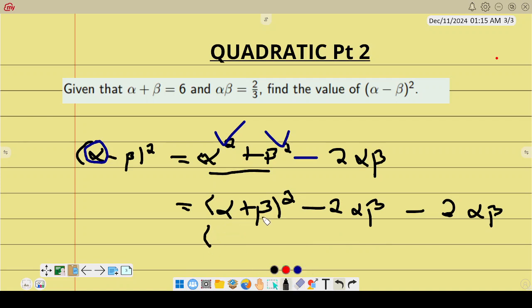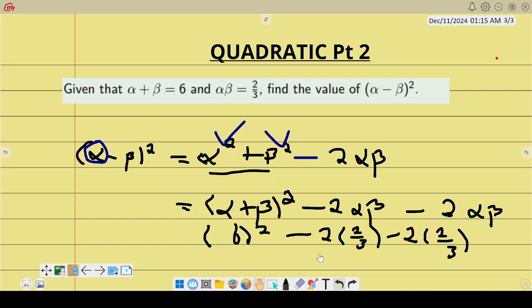You simply say alpha plus beta, they have told us it's 6. So it will be 6 squared minus alpha beta, it's 2 over 3, minus 2 over 3. Yeah, so you can continue from here. We proceed.